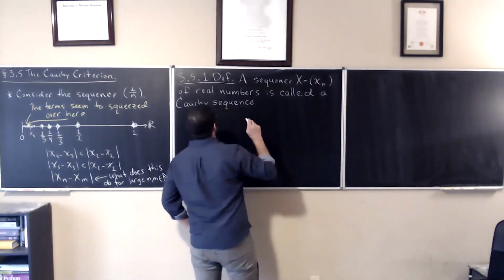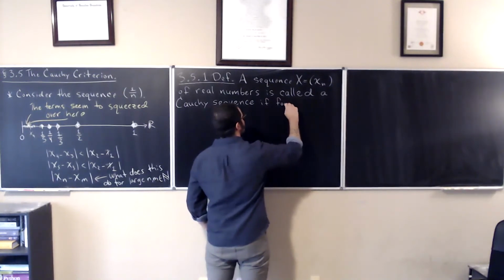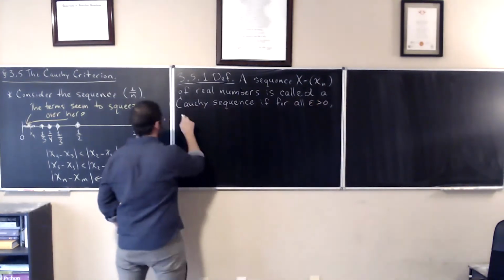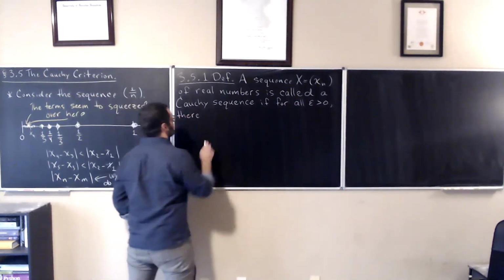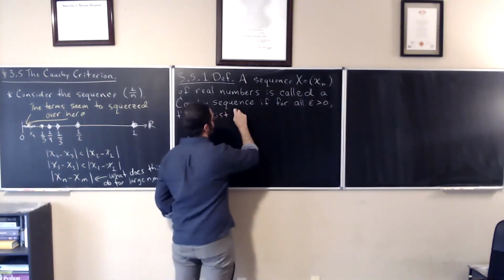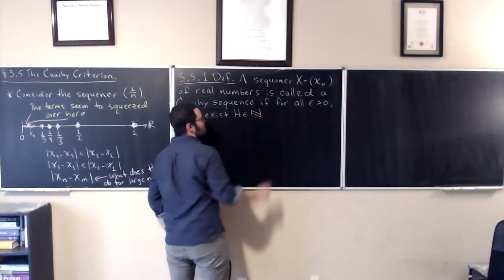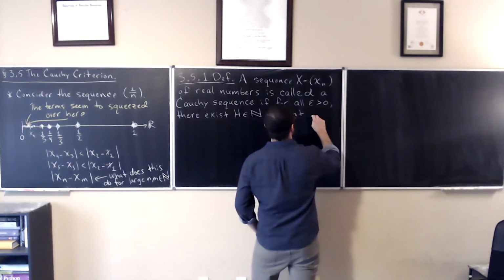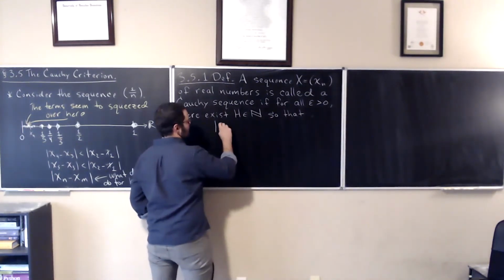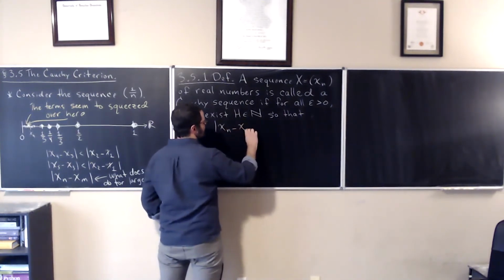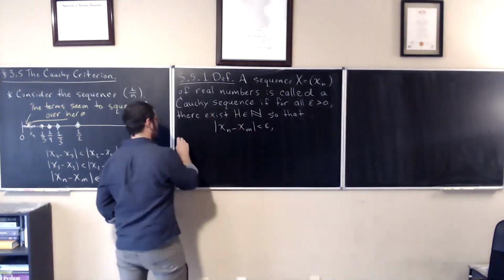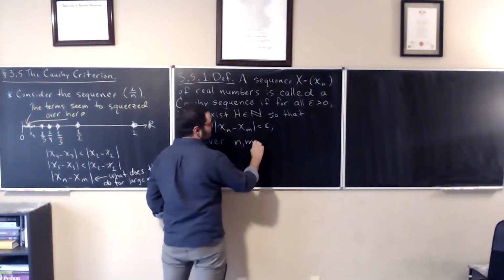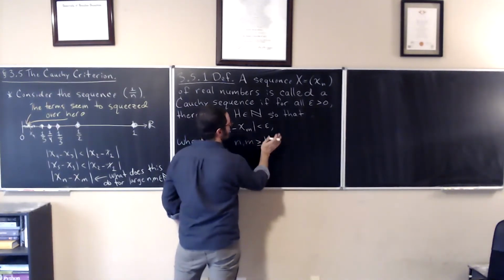So a sequence X is called a Cauchy sequence if for all epsilon greater than 0, there exists some index, I'll call it H, which again is just an index cutoff for the sequence, so that the absolute value of xn minus xm, the distance from xn to xm, is less than epsilon whenever n and m are greater than or equal to h.